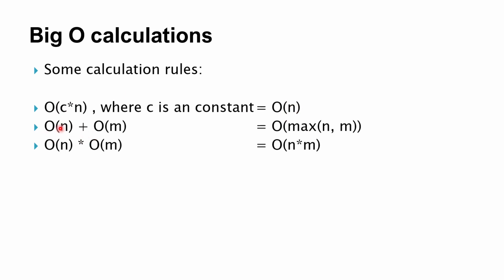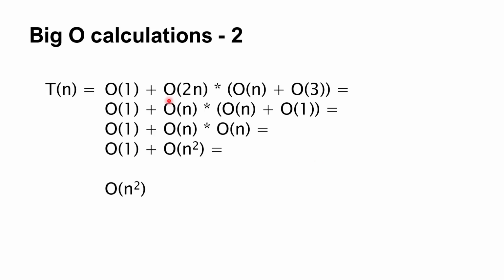If you have one term plus another, you go for the highest value. And if you have multiplication, so if you have one loop and then another loop, then you multiply these two. Okay, so here we have an example of how you could do these big O calculations.